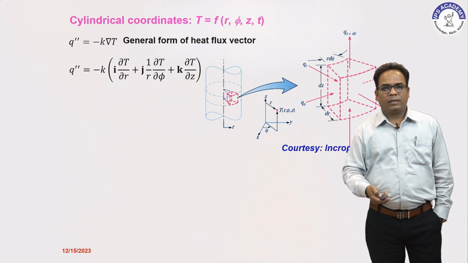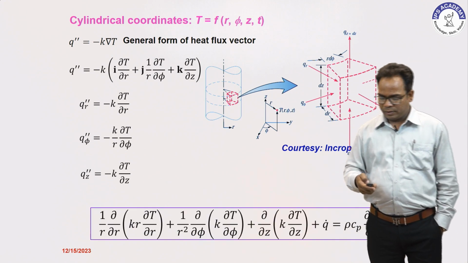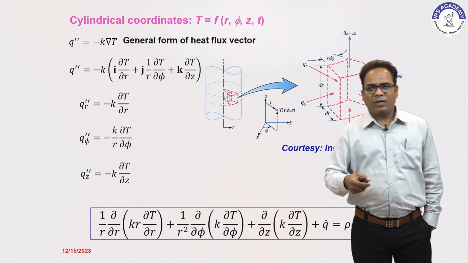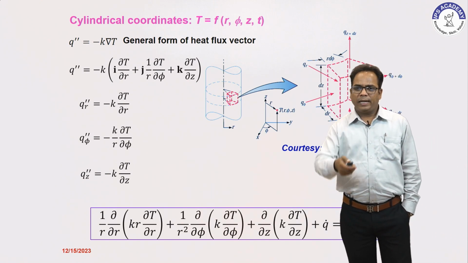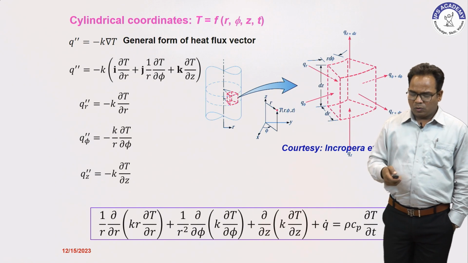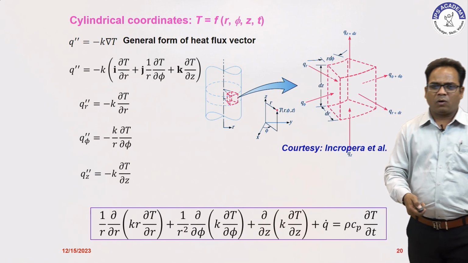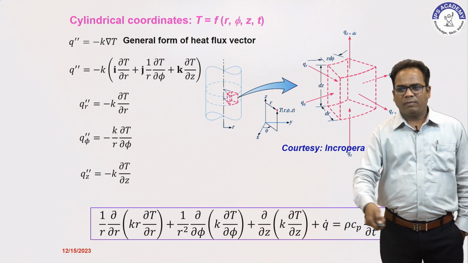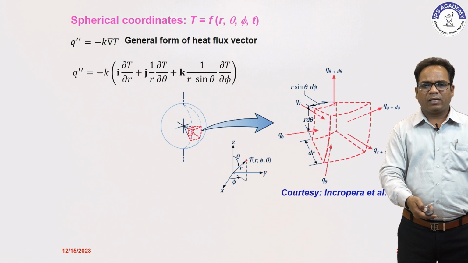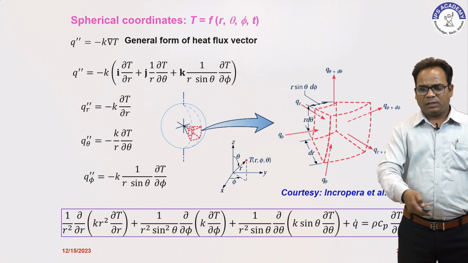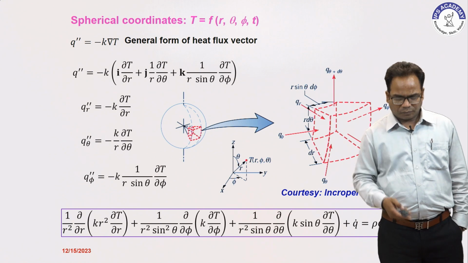The temperature is a function of the radial direction, a function of phi, a function of z, and also a function of time. So this is the final form of this equation for cylindrical coordinates.